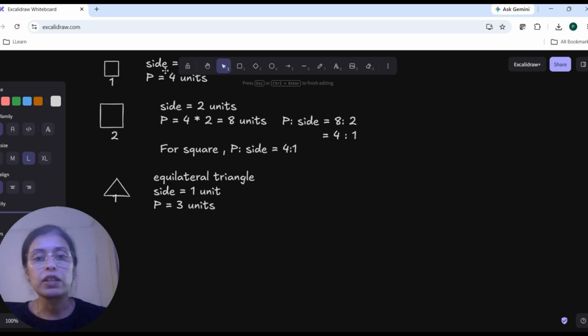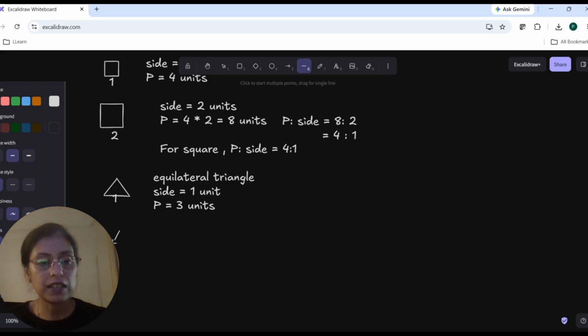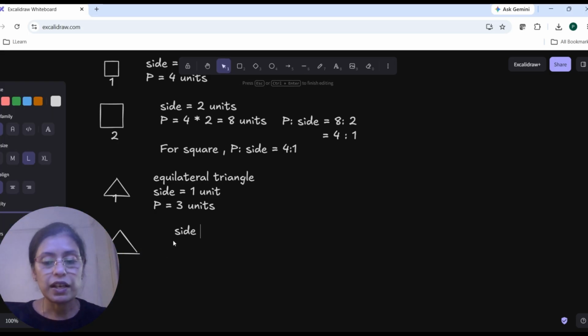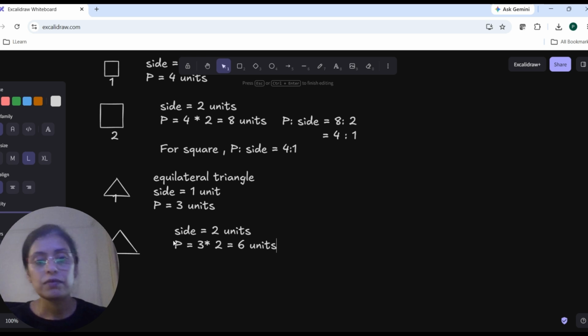Now what they did was they increased the length of its side. So now the same equilateral triangle, they made it of 2 units. So side is 2 units. Then the perimeter became 3 into 2 is equal to 6 units. Right?